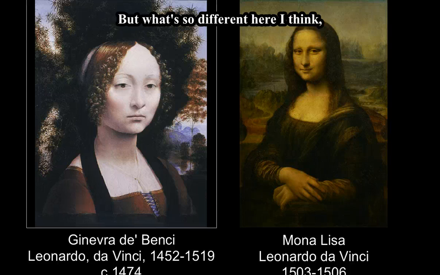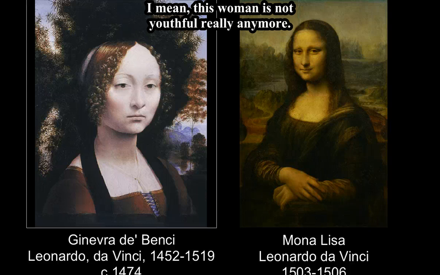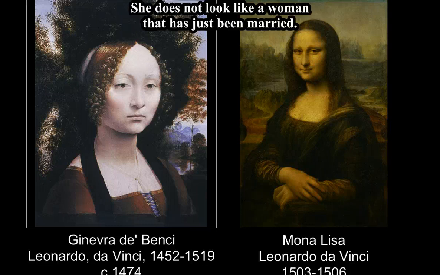But what's so different here, I think, really striking here, is that the Mona Lisa, this woman is not youthful really anymore. She does not look like a woman that has just been married.